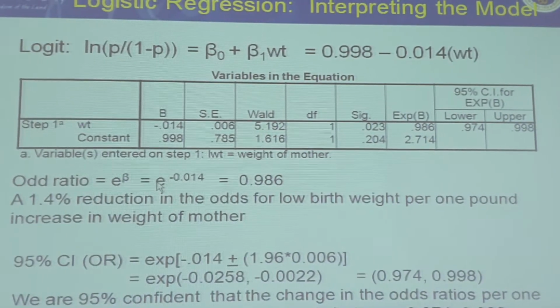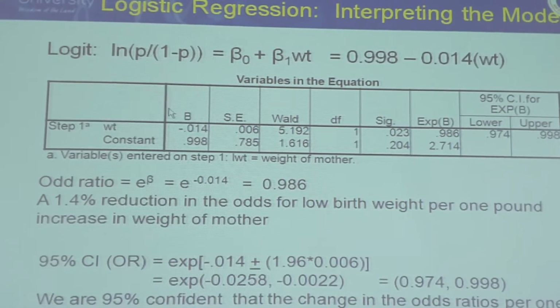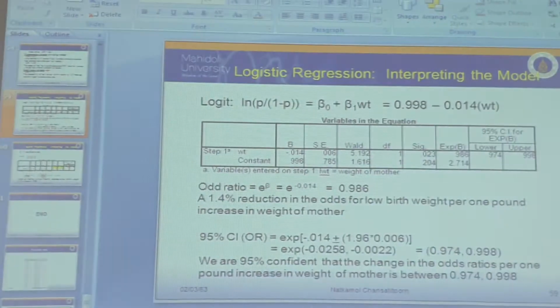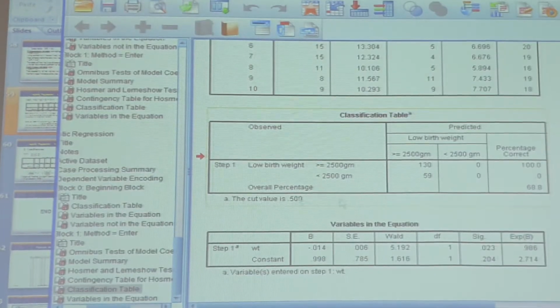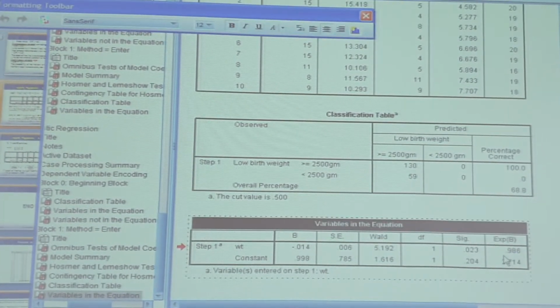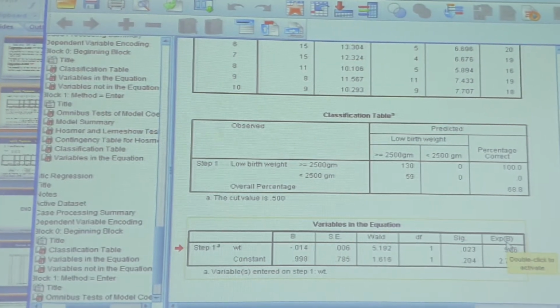Odds ratio is the exponential of 0.014, right? Because it's the beta of weight. But in SPSS, it can give you this automatically if you define it up here. Can you see in your table? It will give you the exponential of beta. Can you see that?